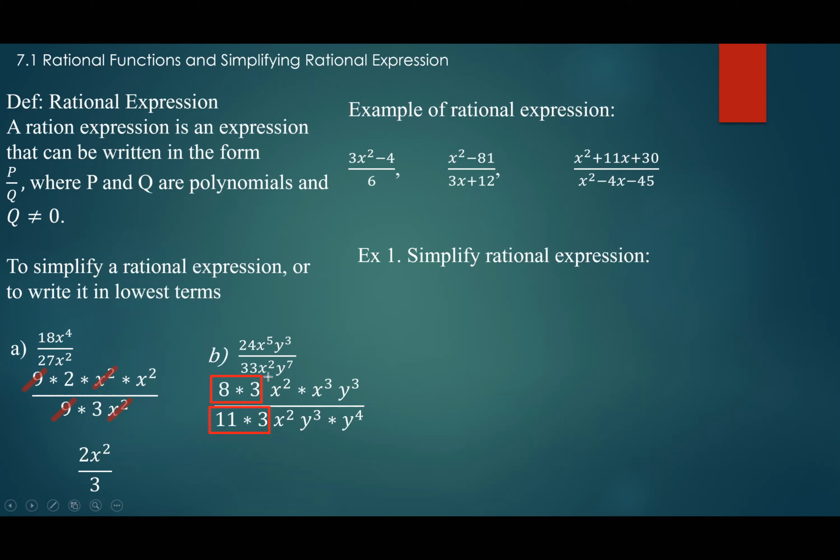And on the top, instead of saying x to the 5th, I say I have x squared on the bottom, so let me break it down: x squared times x to the 3rd, because 2 plus 3 gives me 5. And on the bottom, instead of writing y to the 7th, I can break it down as 3 plus 4, which gives me 7, right?